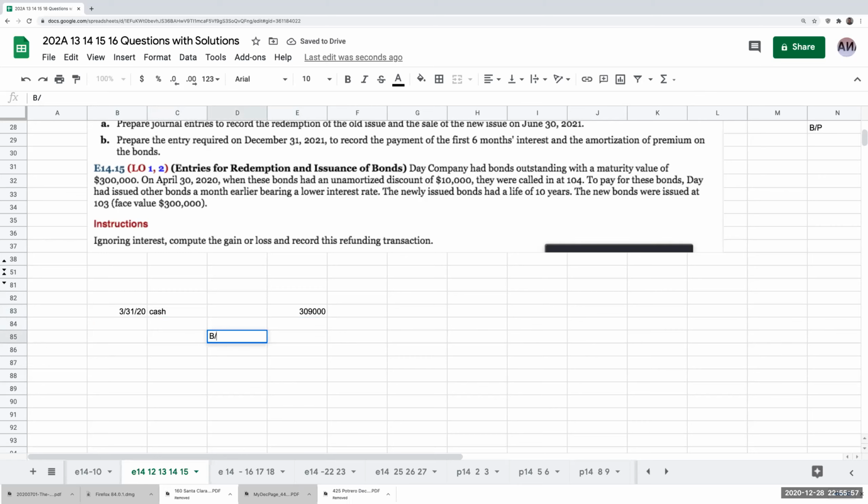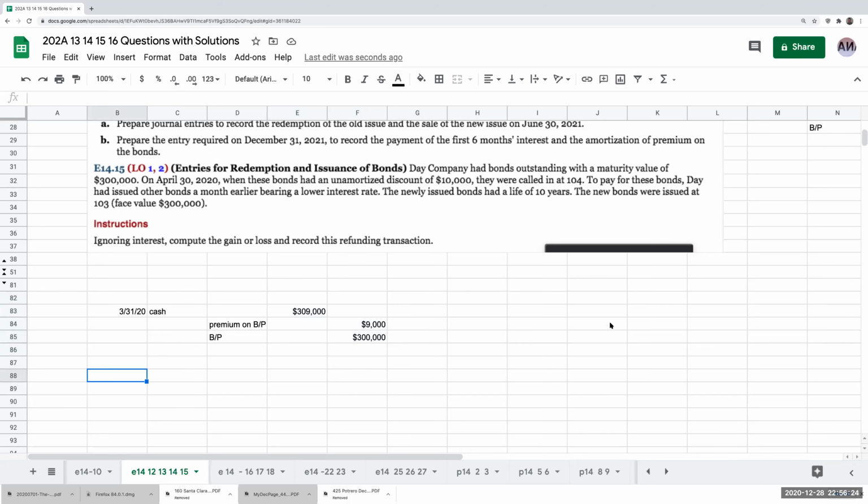The bond payable is always recorded at the face amount. And then over here, I'm going to have a premium on bonds payable for the difference of 9,000. Okay. So that's what I did. That was like my newly issued bond. Okay. So, however, I redeem the old bonds.